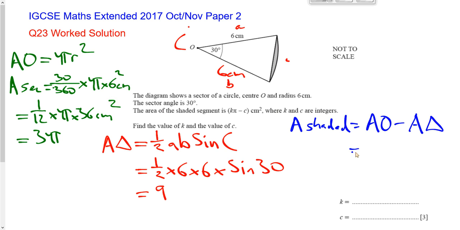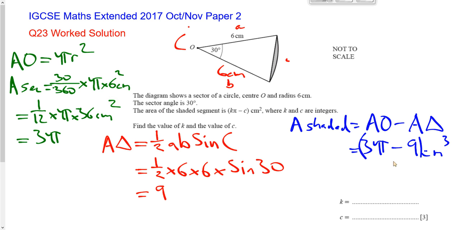That's going to be equal to the area of the whole sector, which is 3 pi, minus the area of the triangle, which is 9, and that's all in centimetres squared.